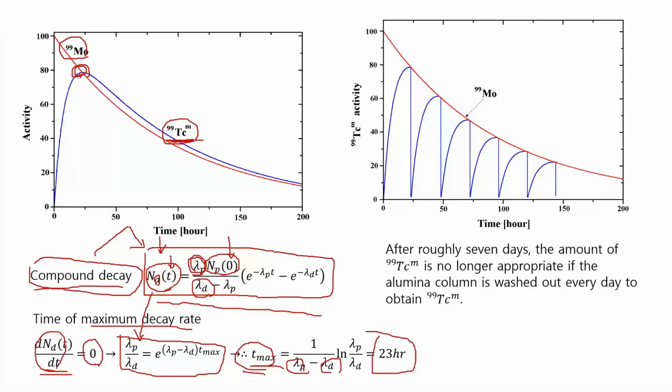So this means that the production of Tc-99m has its maximum value at 23 hours.